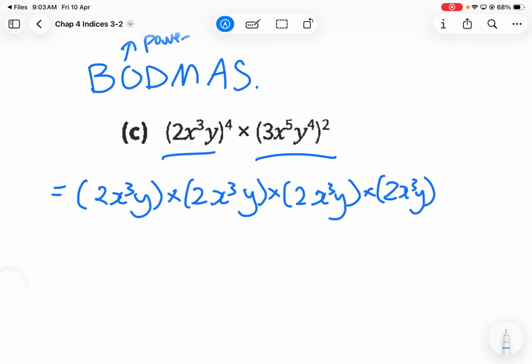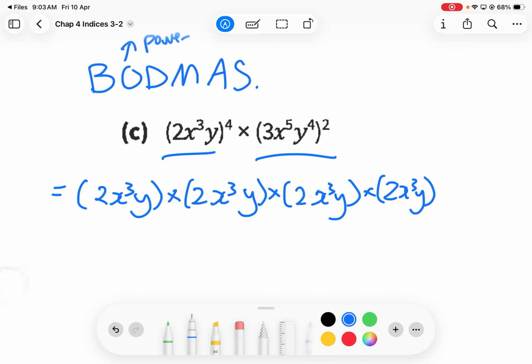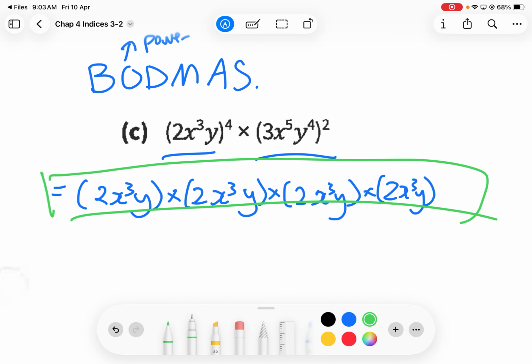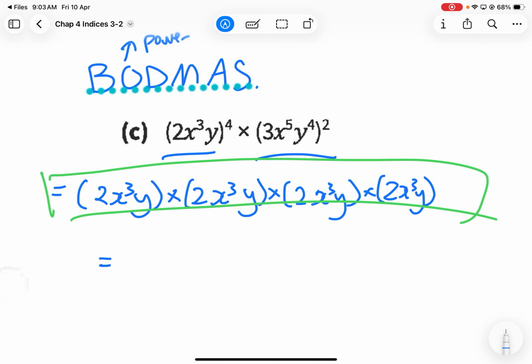So when we multiply this 4 times, you will see that actually my power 4 needs to give to the 2, my power 4 needs to give to the x, my power 4 needs to give to the y. So what you need to do is 2 to the power of 4, x to the power of 12, y to the power of 4.